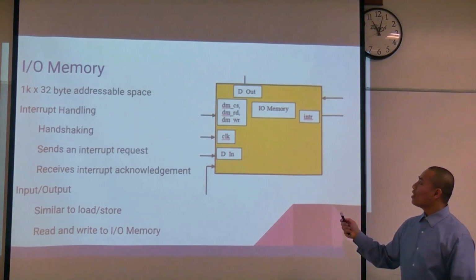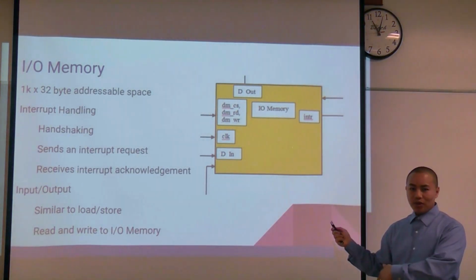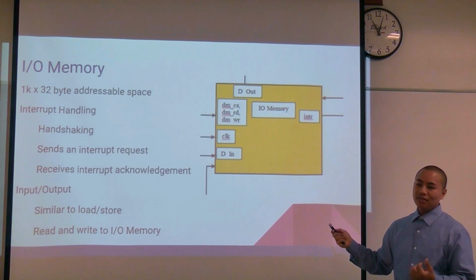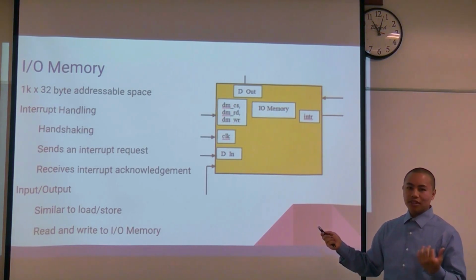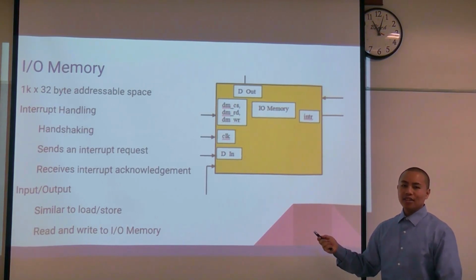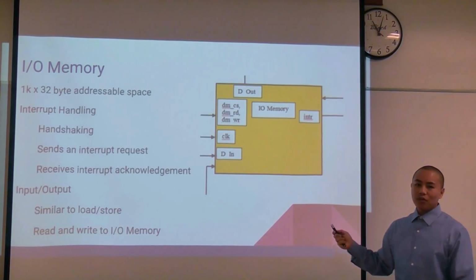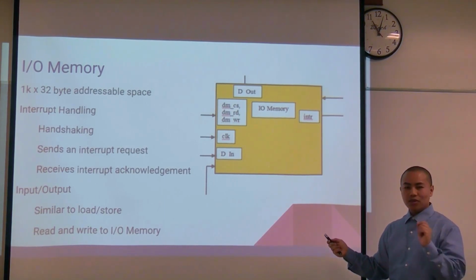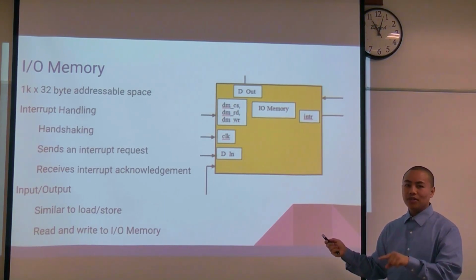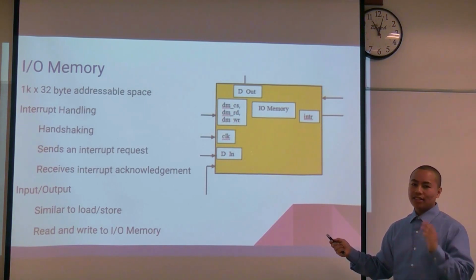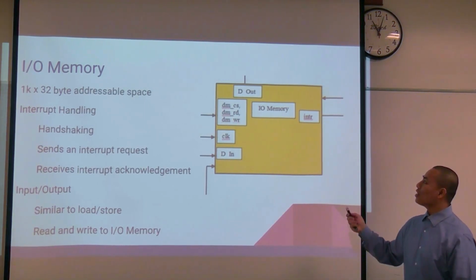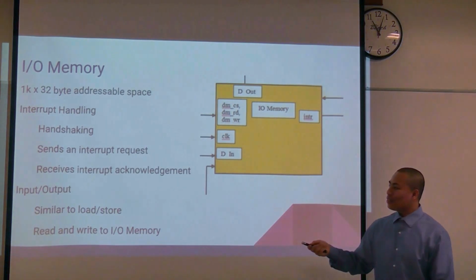In my case, it outputs an interrupt request and receives an input interrupt acknowledge from the control unit. It starts the request once the set interrupt enable instruction turns on the interrupt enable flag inside the control unit.